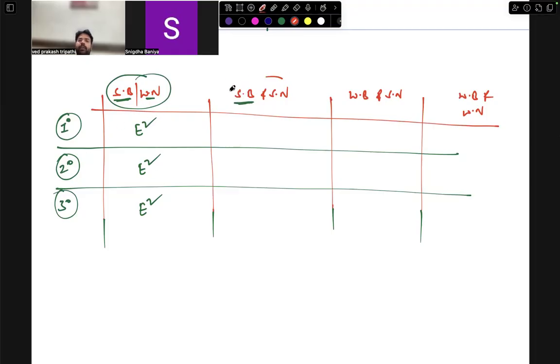Now look at the second one. Strong base as well as strong nucleophile. You know that whenever you have tertiary alkyl, it means branching. Clear? This is called branching. And substitution is not going to be good for a strong nucleophile, meaning SN2. Clear? So you know that for tertiary, SN2 is not favorable.